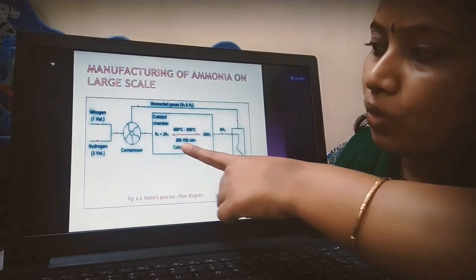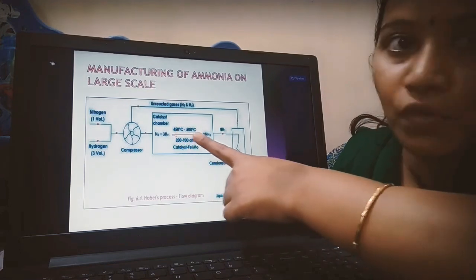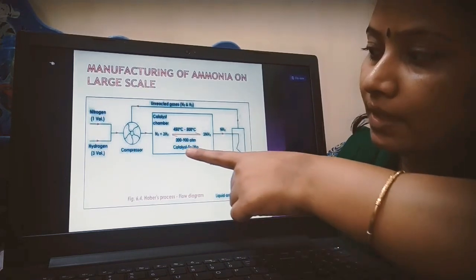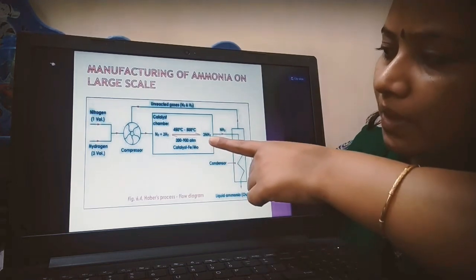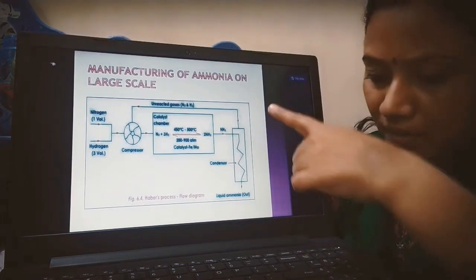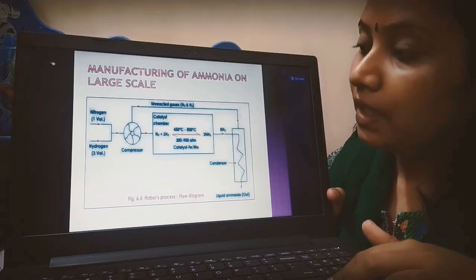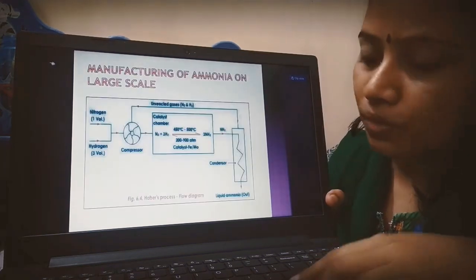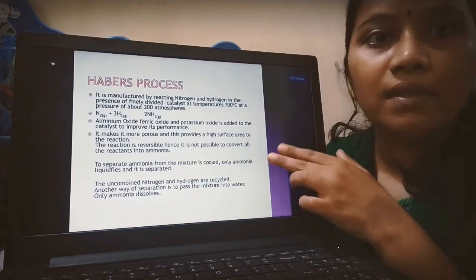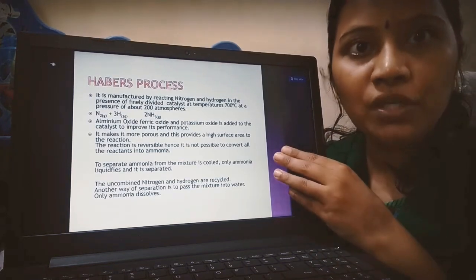I have given 200 to 900 atmospheric pressure, 450 to 500 degrees Celsius. The catalyst will be iron and molybdenum. I will be getting ammonia as the end product. This ammonia will be collected in the form of liquid. It is condensed. Whatever flow chart I have shown you, this is nothing but an explanation for this.